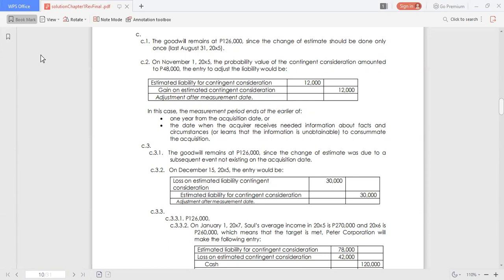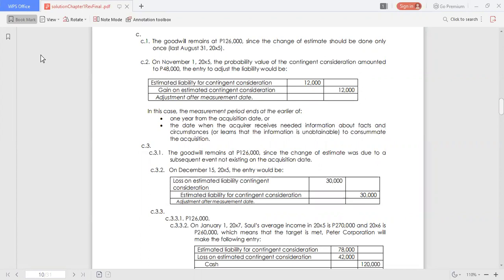And C3, on December 30, 20x5, due to a subsequent change not existing on the acquisition date, the expected value of the contingent consideration was revised to 78,000. Determine the amount of goodwill. So in C3.1, the goodwill remains at 126,000 since the change was due to a subsequent event not existing on the acquisition date.